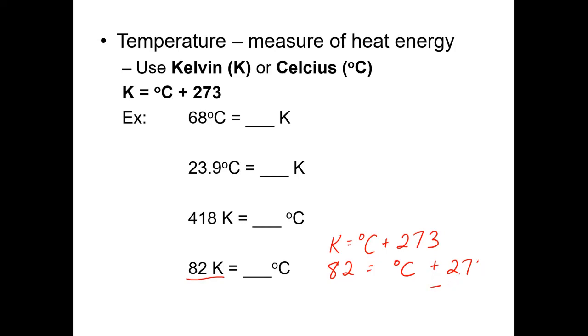Right now I'm adding 273, so to get rid of it, I'm going to subtract 273 from both sides. So 82 minus 273 is going to give me my answer for degrees Celsius. When you plug that into your calculator, you should be getting negative 191 is equal to your degree C.